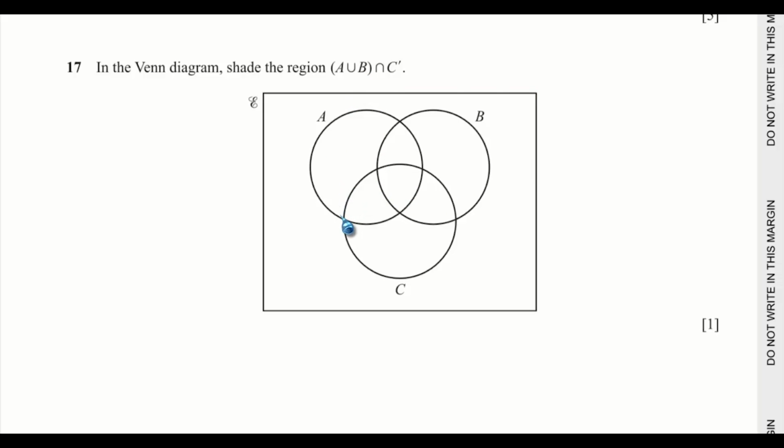So that means we need this side from here. Sorry, let's take this from here like this. We need the whole of the combination of A and B, which is not part of C. So that is what we need. I will take it like this, and I also take this one like this.